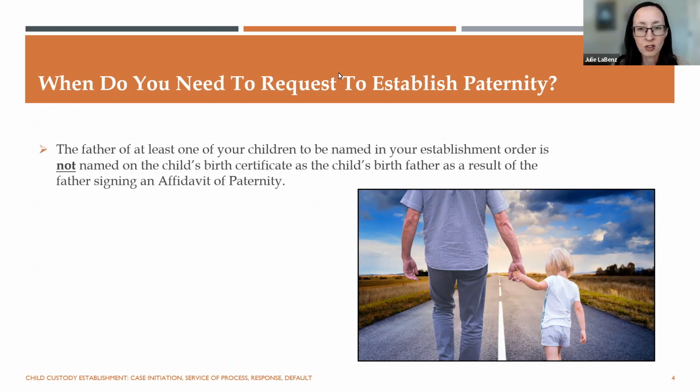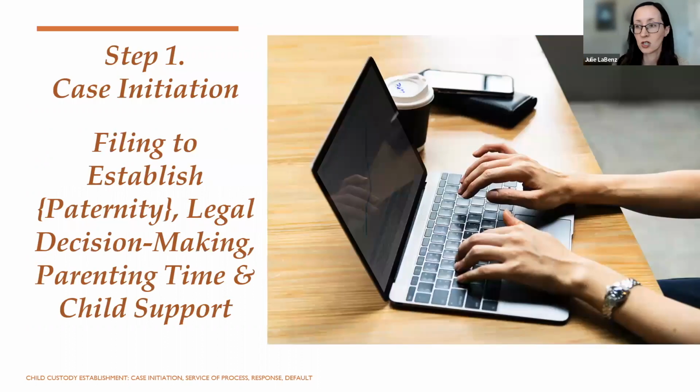If the father of at least one of your children to be named in your establishment order is not named on the child's birth certificate as the child's birth father as a result of the father signing an affidavit of paternity, and paternity has not otherwise been established. So father's not on the birth certificate, father did not sign an affidavit of paternity, paternity has not otherwise been established. That's when you'll want to include a request to establish paternity in your petition.